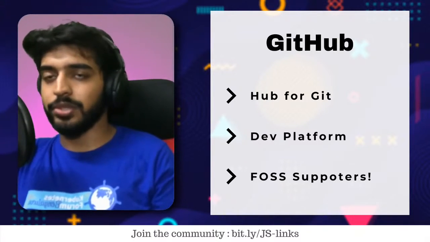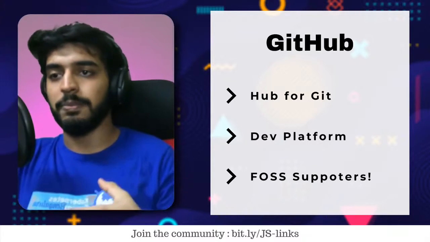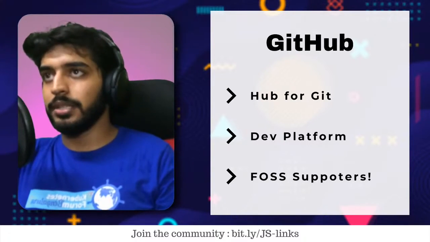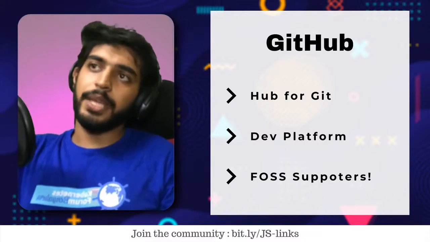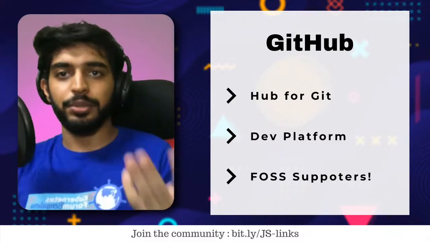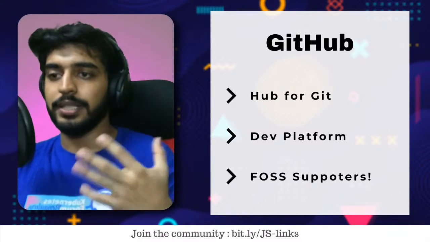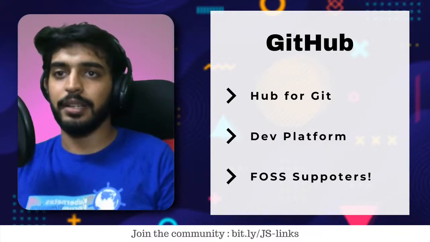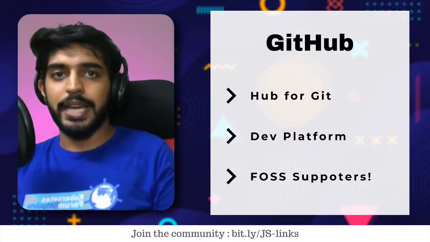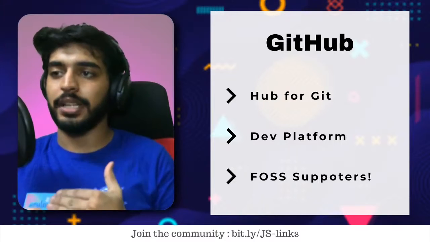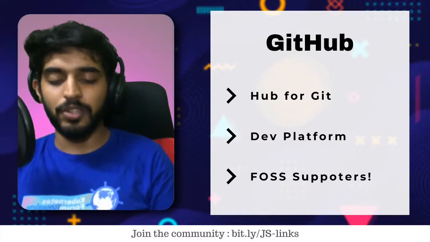Moving on to GitHub. As the name suggests, GitHub is a hub for Git. It is a cloud platform, you could say, and it makes it really easy for anyone to use the Git versioning system. Anyone can sign up for an account and set up versioning for their projects.